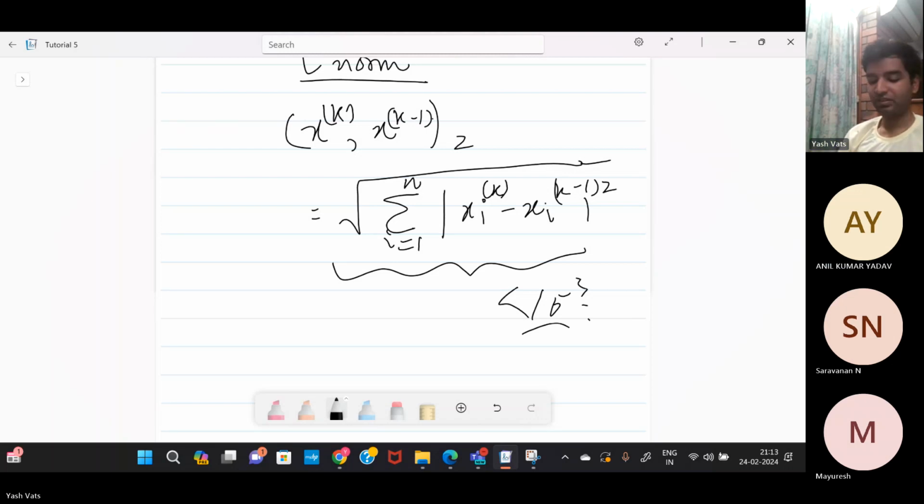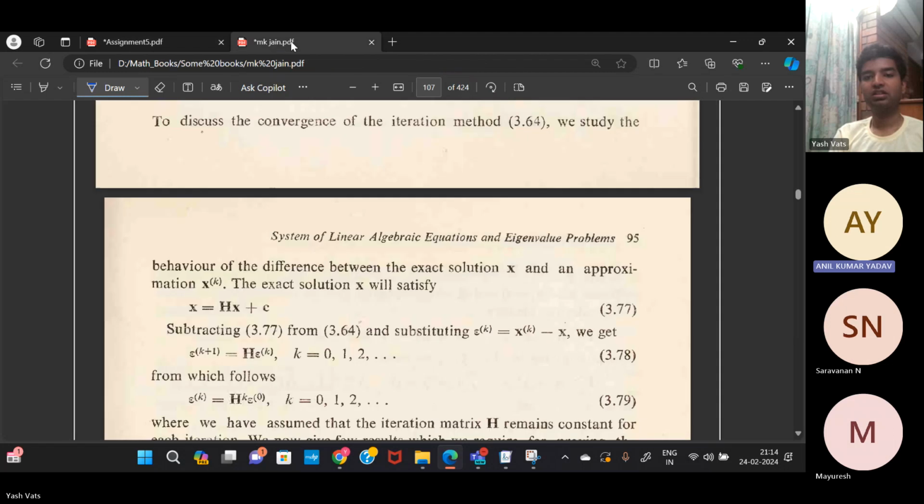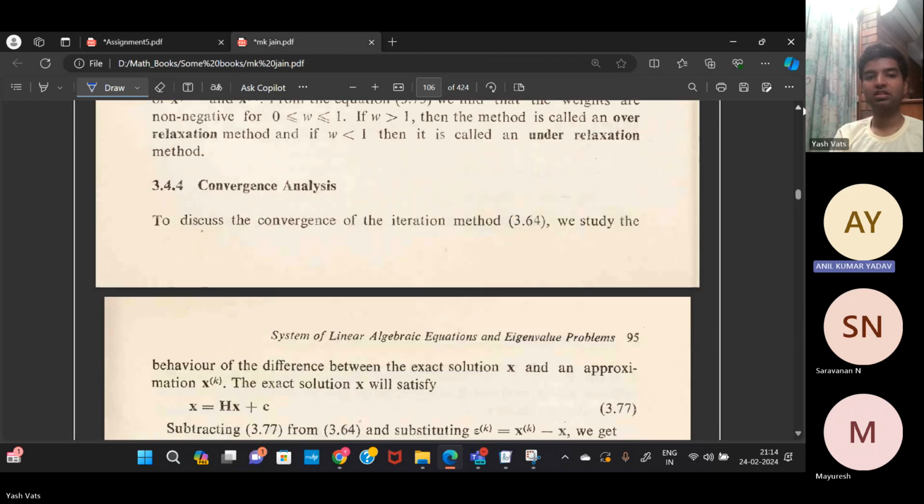One thing I would also ask: have you studied matrix norms? No, sir. And there is a question, question number 10, with two or three options. Please clear it.